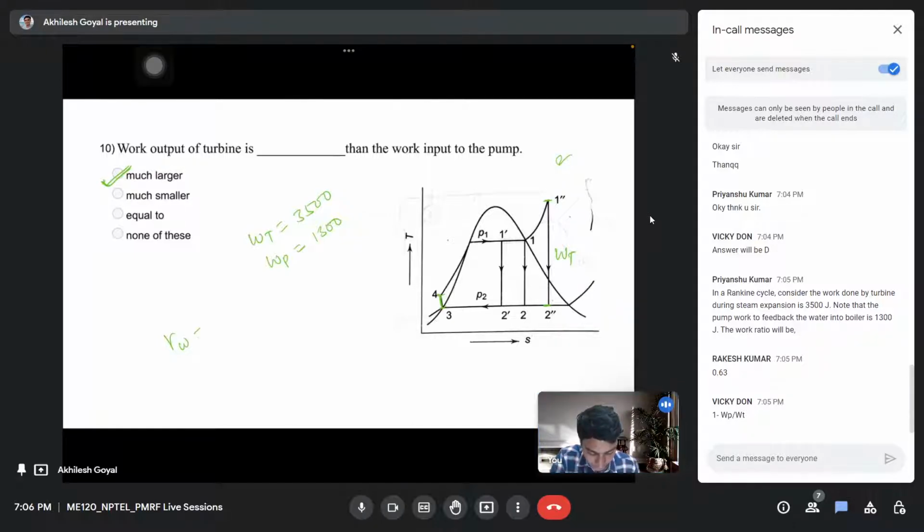The work ratio is W net divided by WT, and W net is WT minus WP. So that is 3500 minus 1300 divided by 3500. You got it? Okay.